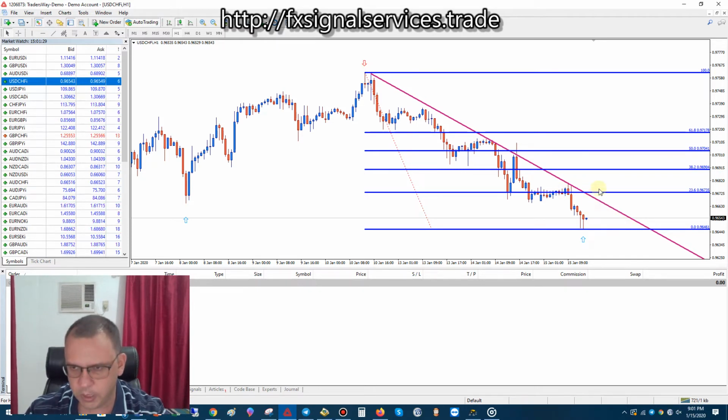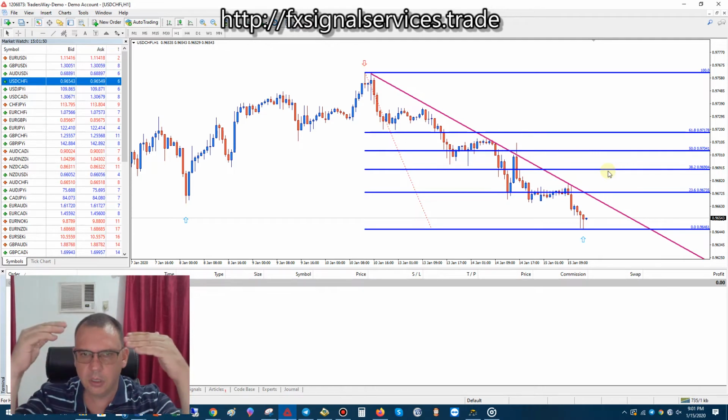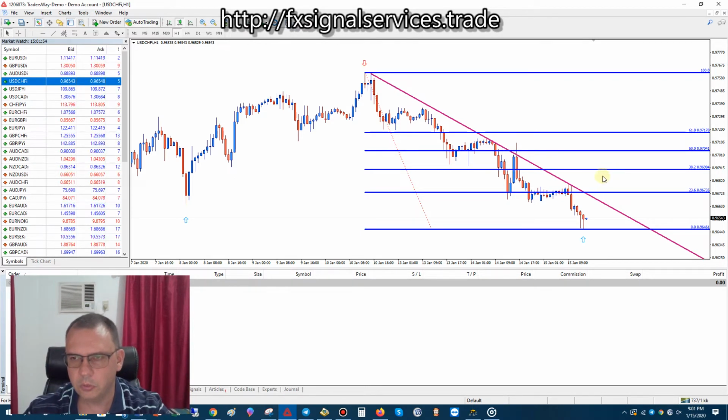It might break a little bit below it, but once it crosses this 23.6 level, it's going to keep going up. I would put a buy stop pending order just a little bit above that 23.6 level, and then put a take profit a little higher up, below the 38.2 level, which you see right in here.